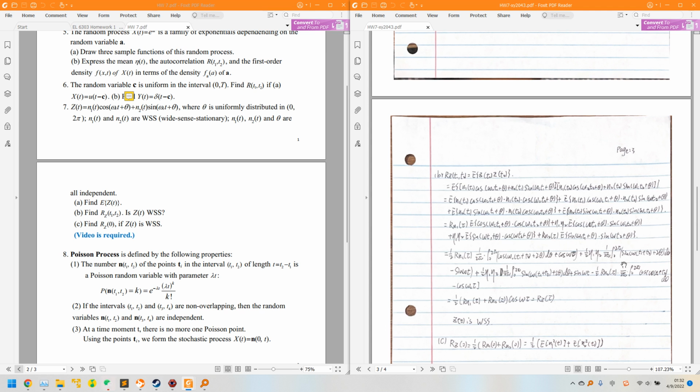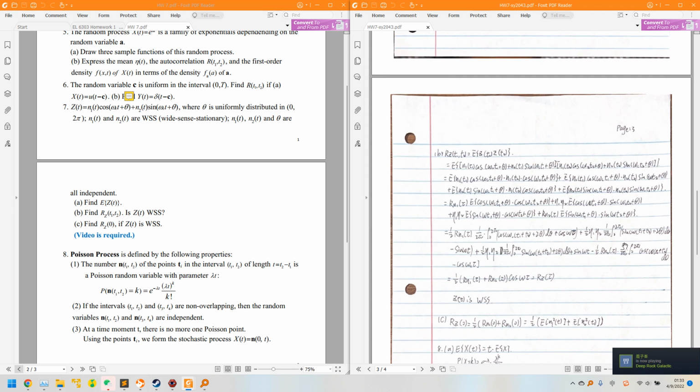It is also 4 parts, and when we finish calculating this equation, we get the result is 1 over 2 times R_n1 of tau plus R_n2 of tau, times cosine(omega tau), which is R_Z of tau. And we can also conclude that Z(t) is WSSS.